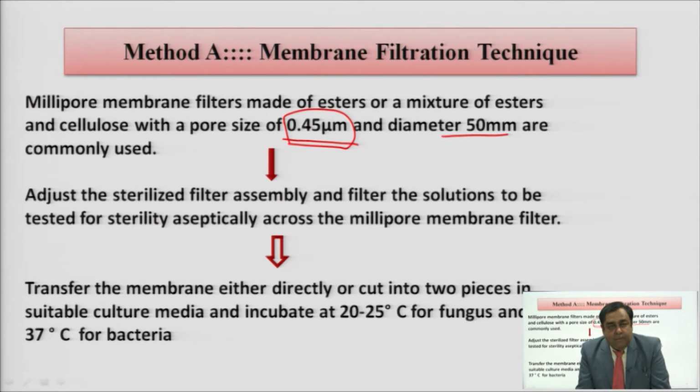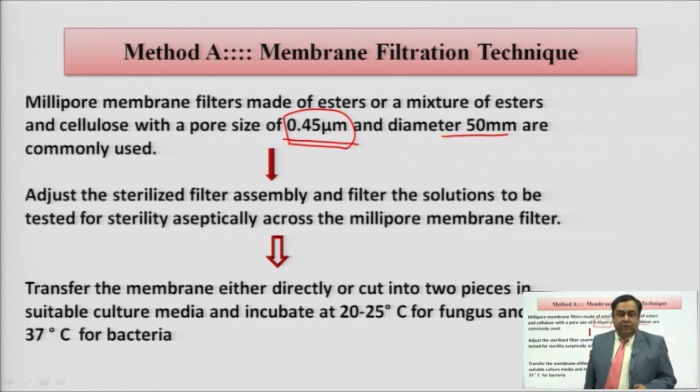One will be the inner half, which you put in a bacteriological media to be incubated at 37 degrees Celsius, and the other half, the outer half, you dip in a fungal media. The fungal media has to be maintained at 20 to 25 degrees Celsius.